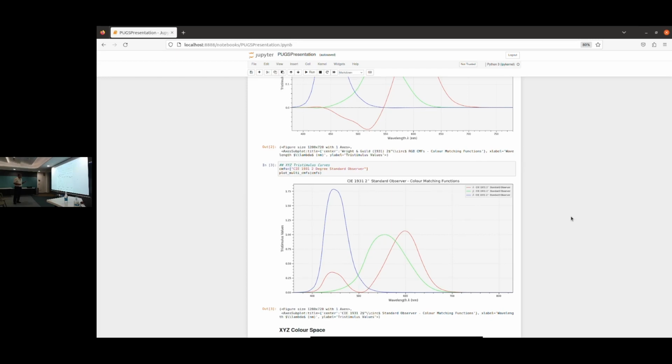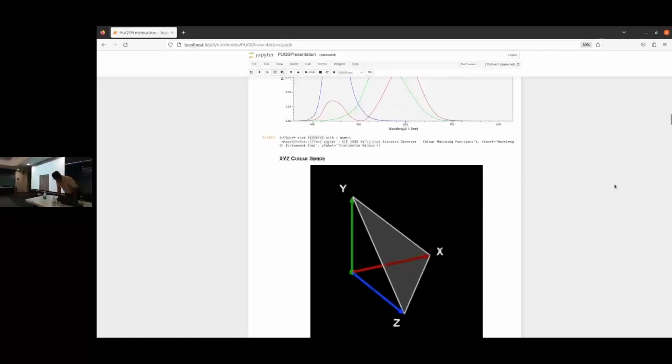The XYZ color matching functions became the basis to define what we call the XYZ color space. If every color is specified in values of XYZ, you get a three-dimensional cube, but it is somewhat difficult to work with, to send a cube and coordinates to printers and dyeing people and cloth manufacturers and say this is where the color should be.